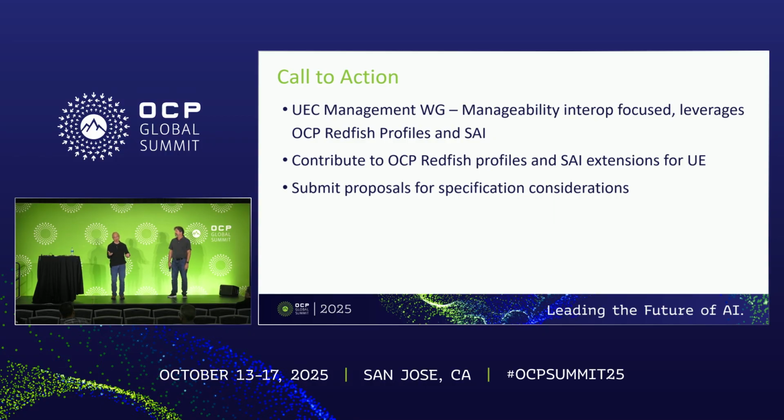So manageability was started at the beginning of this year in order to get collateral to add into 1.1. So watch for the submittal of the Redfish profile into the profile workstream, and then the SAI extensions that were going into the SAI implementation within OCP. Okay?